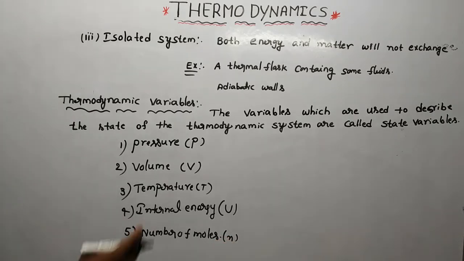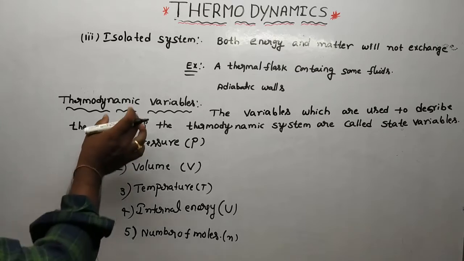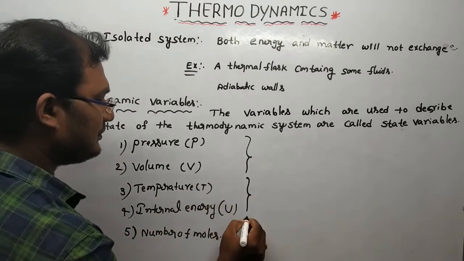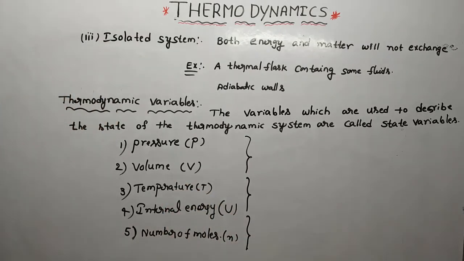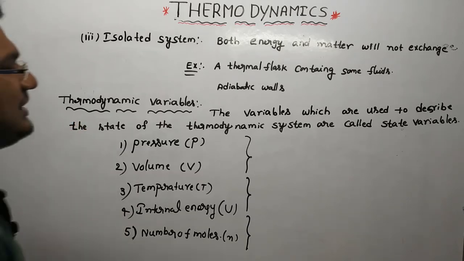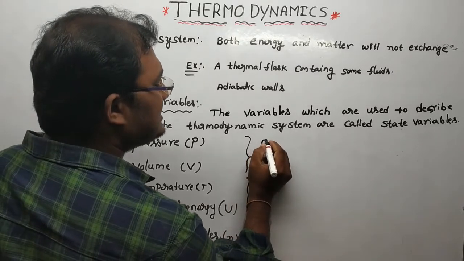By using these state variables, we are able to describe a thermodynamic system. For example, if you write any equation by using these variables, that equation is known as equation of state.